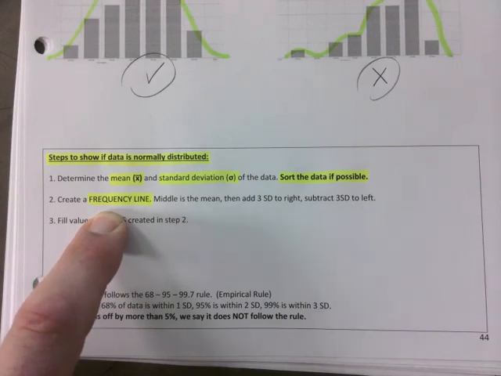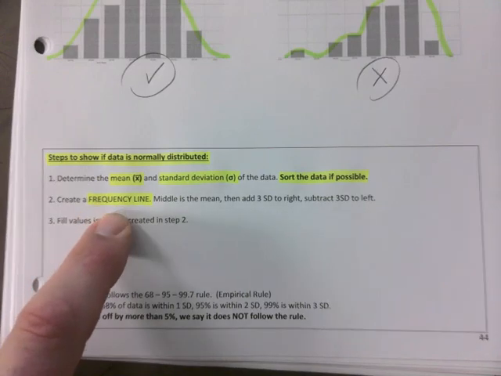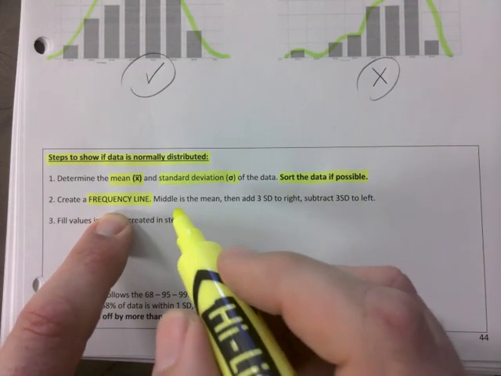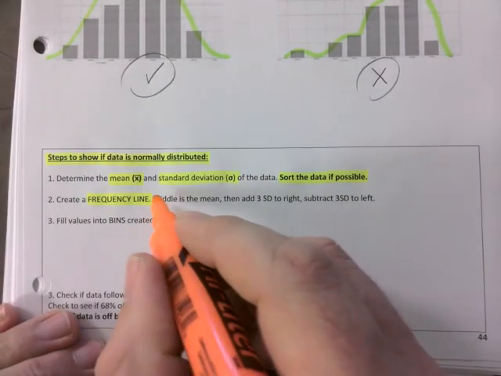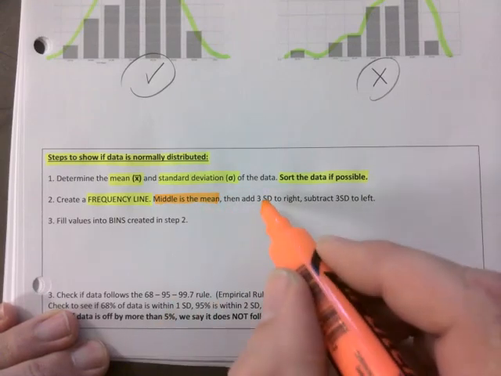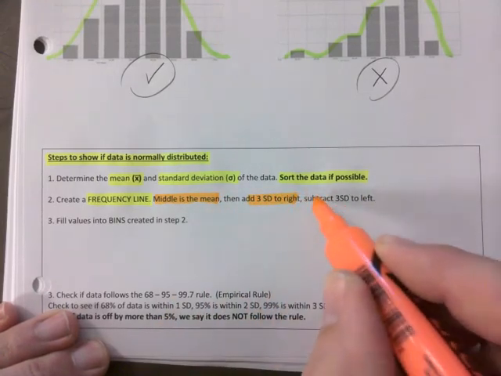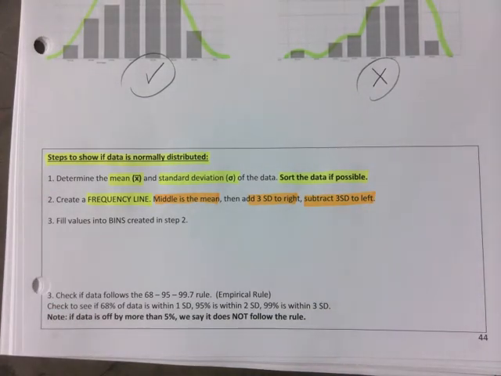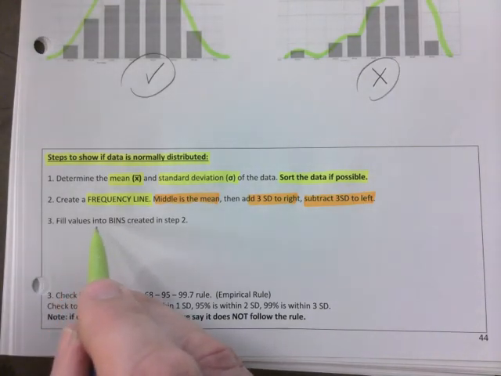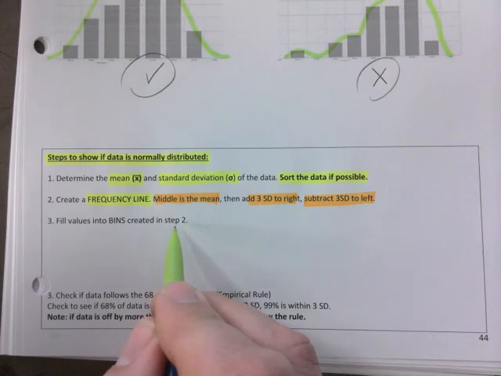I just changed it to frequency line, but this is what you need to do. The middle is the mean, so I'm going to use a different color for this. The middle is the mean, and then we add 3 standard deviations to the right and 3 standard deviations to the left. Okay? Fill the values into bins created in step 2.